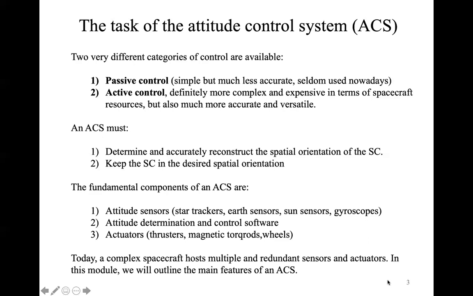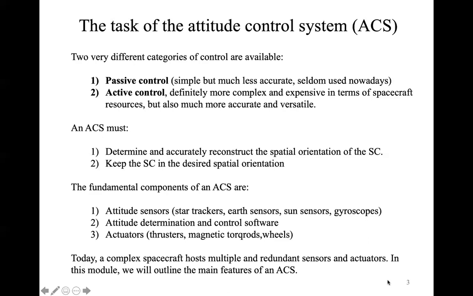So of course, the first solution has the advantage of not using any additional actuator. So it is of course convenient in terms of mass and power, but it is very limited in terms of precision. And especially now that you have very demanding requirements for the attitude control of spacecraft, this approach is indeed not the main approach used.